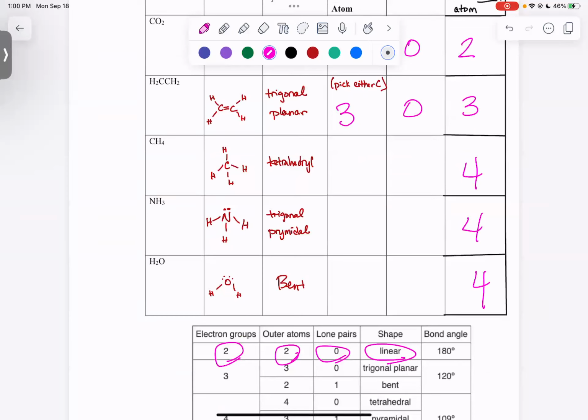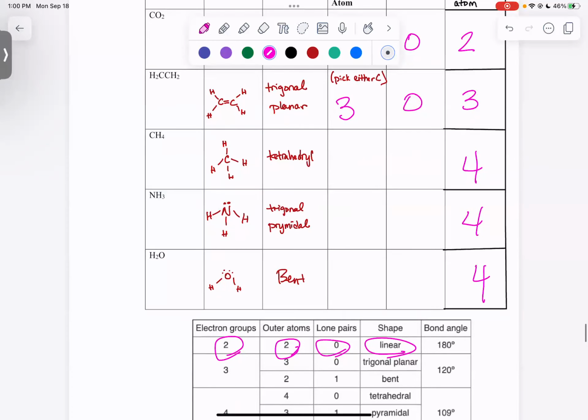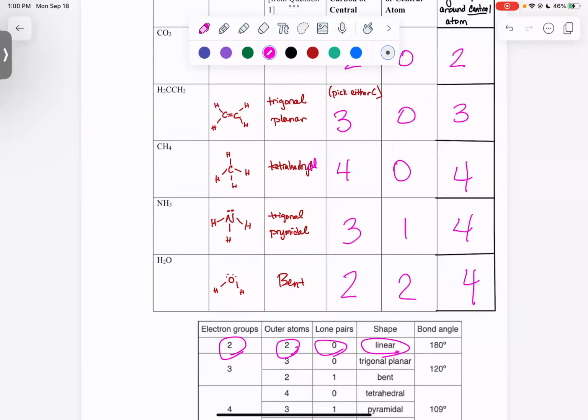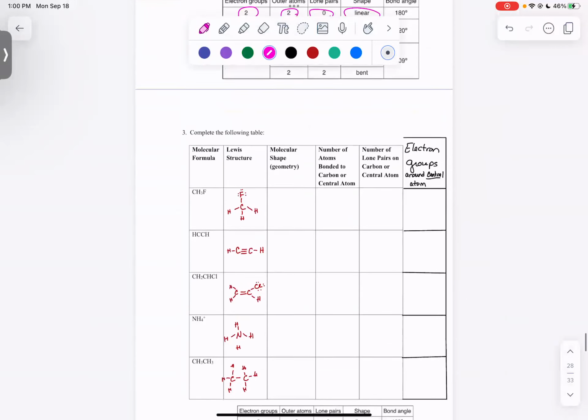They all have the same number of electron groups around the central atom, but what's different is how many of those are bonded atoms. If they're all bonded atoms, they're tetrahedral. Then in trigonal pyramidal, you have 3, and in bent, you have 2. So in tetrahedral, you have no lone pairs, trigonal pyramidal 1, and bent 2. So all you have to do is go in and fill those in.